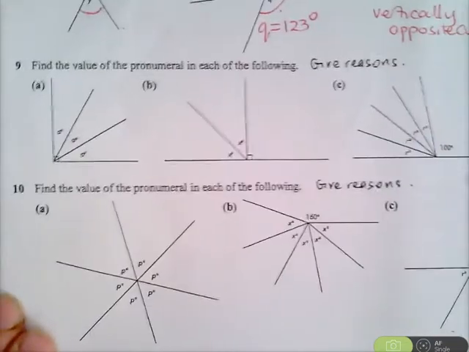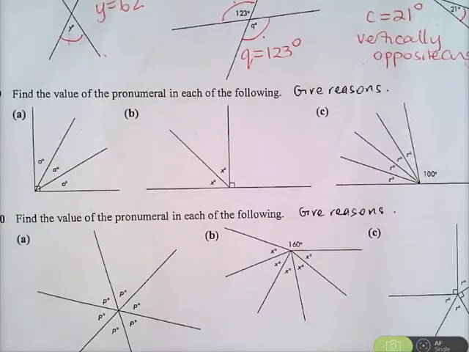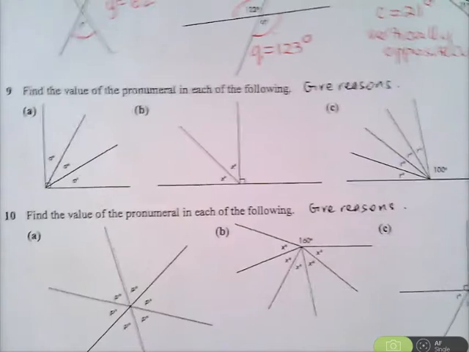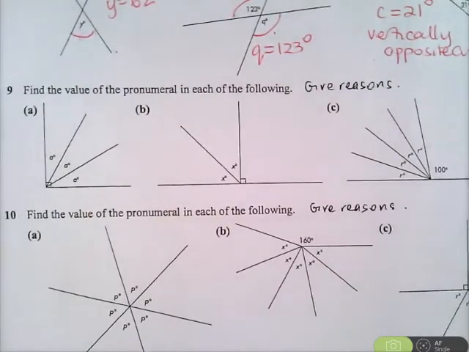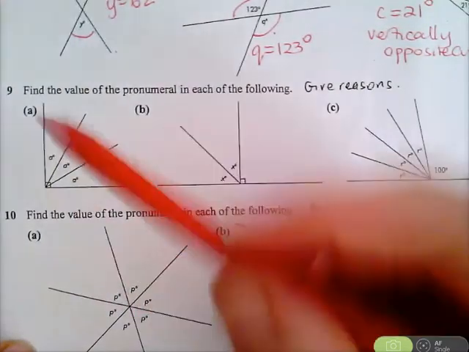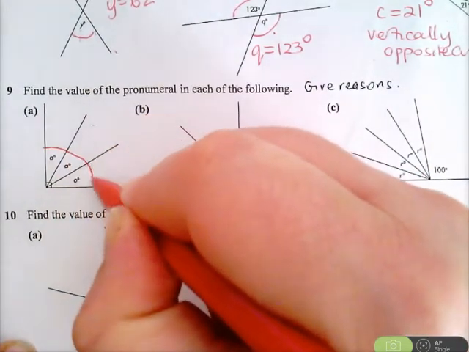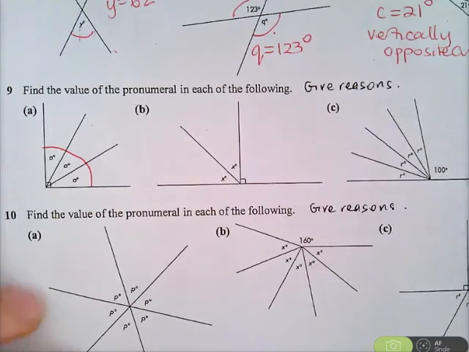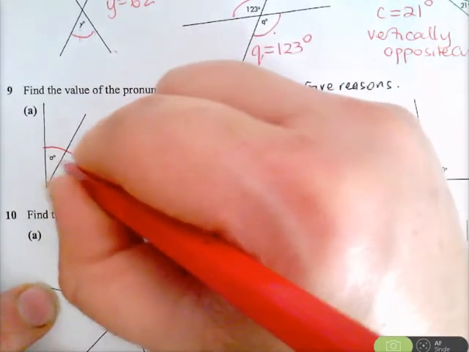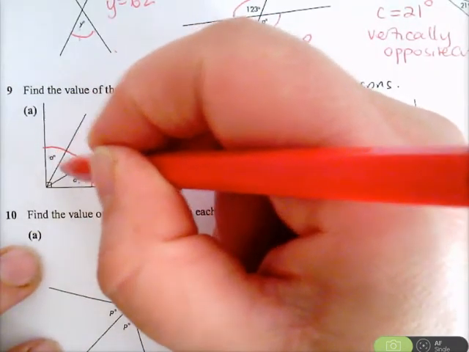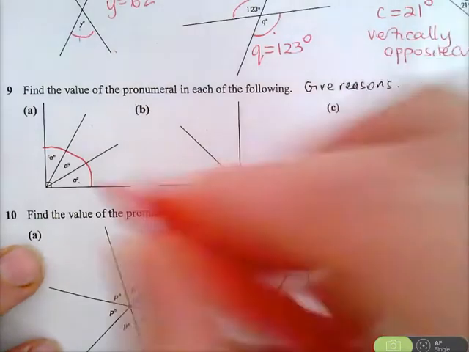The next question is question 9, and you've got 3 questions here. These questions are a little bit harder than the questions that you've just done, but you'll still use the same ideas. So if we look at this first question, we look for the type of angle that we've got from there to there, and we know that it's a right angle. So it means that all those 3 angles add up to 90, and because they're all called A, they're all the same size.